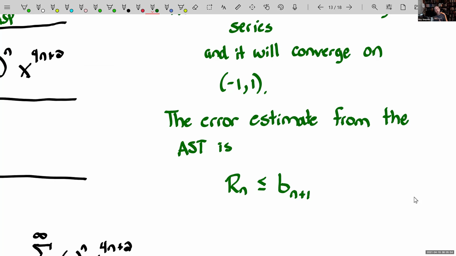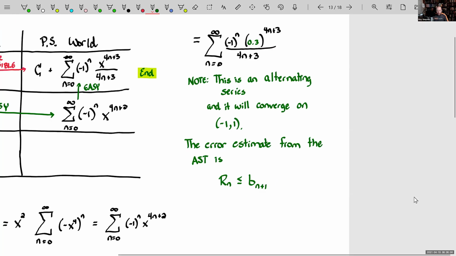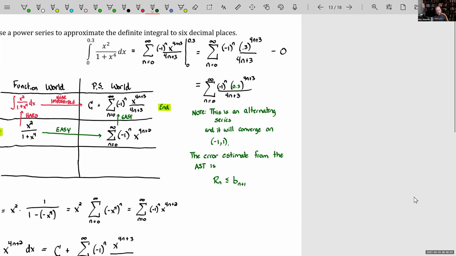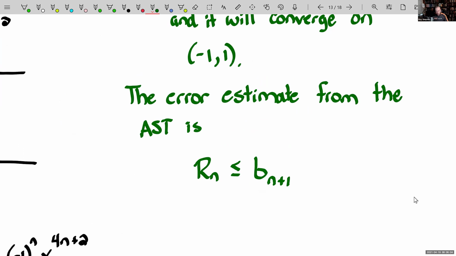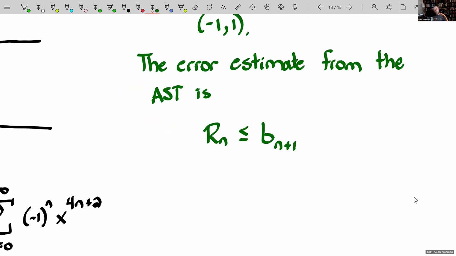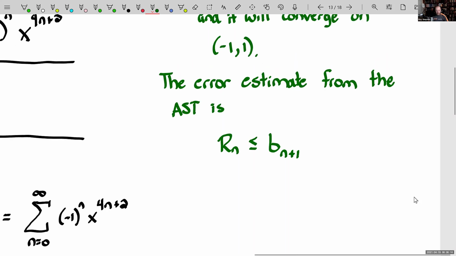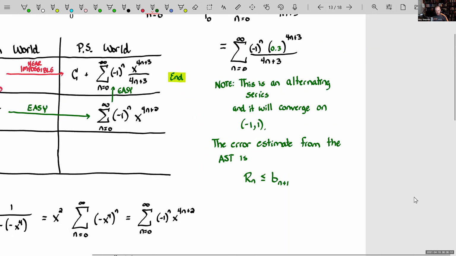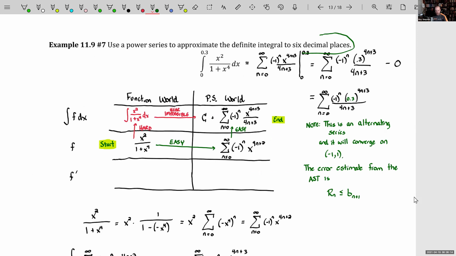So how are you going to find out how many terms to add up? Well, you want the n plus first term to be less than 0.0000005.